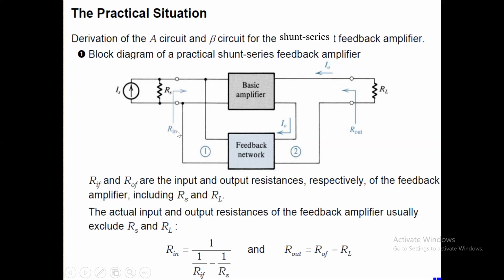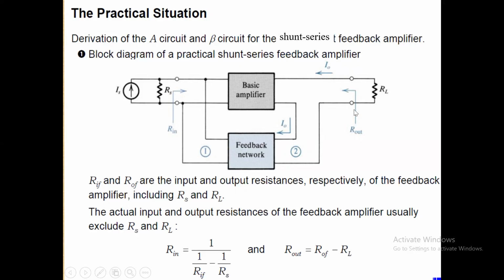So 1 by RIN will be 1 by RIF minus 1 by RS. Therefore, RIN will be the inverse of whatever is there on the right-hand side. That's what we are having here. Similarly, R out is equal to ROF minus RL.